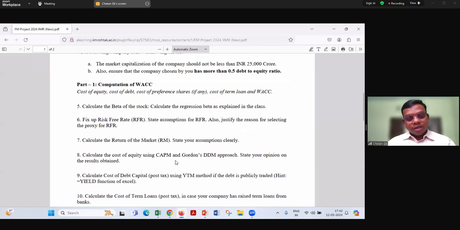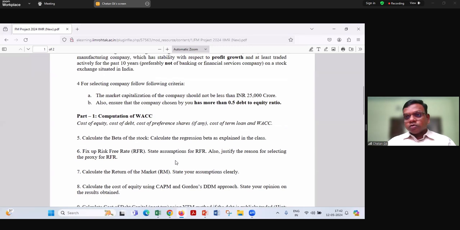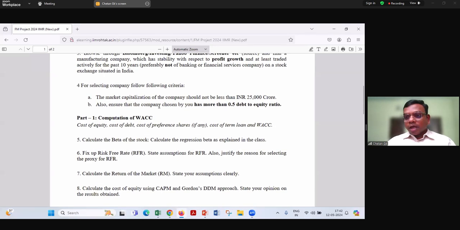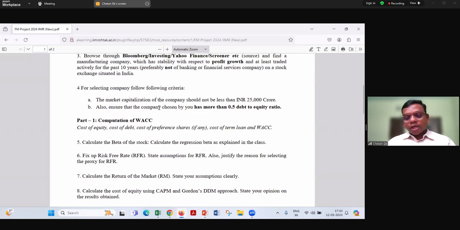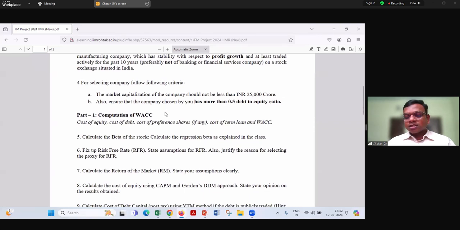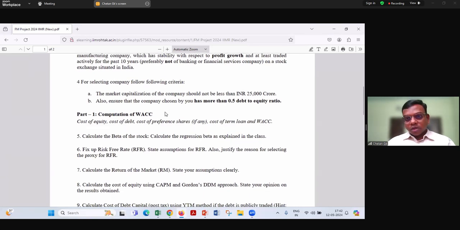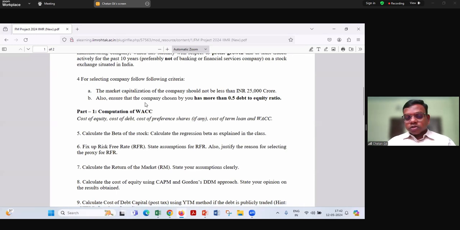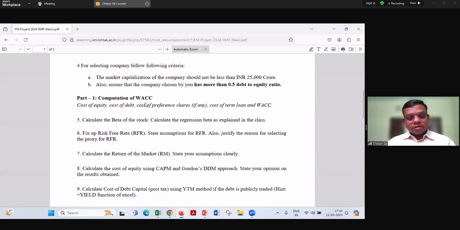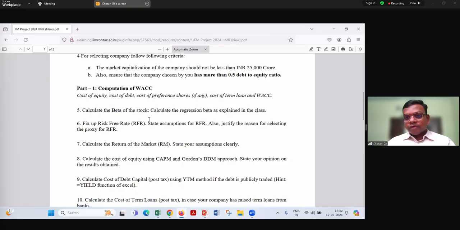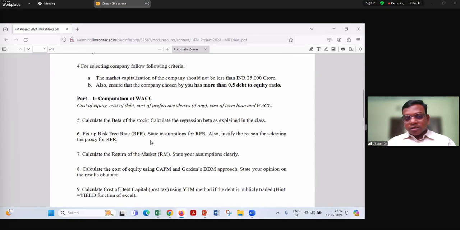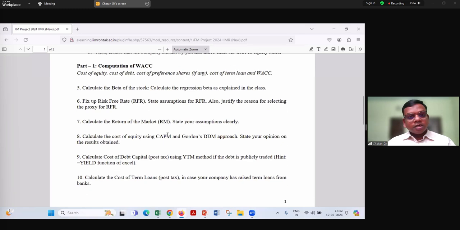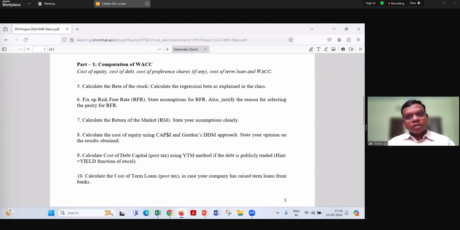Once you choose the company, you should submit the name of your company. I'll go through it, and if there are any overlappings, I'll ask one particular group to change the company. This is what I was thinking to do, but unfortunately none of you submitted, and Mr. Sachin also did not come to my contact. So that did not really happen at all.